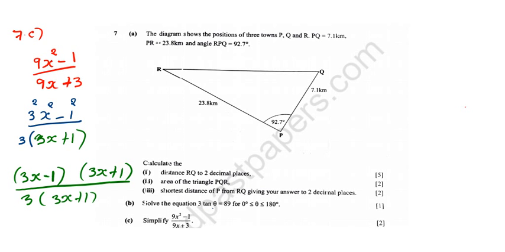I can see that the 3x plus 1 and the 3x plus 1 are the same, so I can cancel them. I remain with 3x minus 1 over 3. So that's the answer for this question. So that's it for this video.